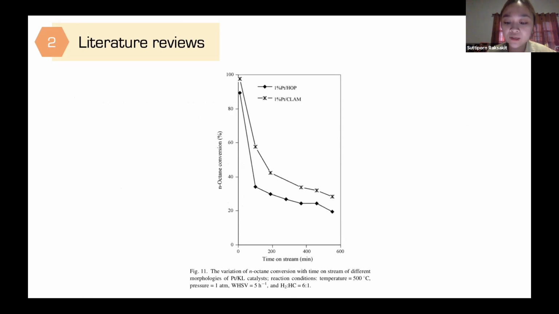This picture shows the conversion of n-octane. You will notice that the conversion value decreases significantly at the initial stage. This refers to the activity of the catalyst decreasing. This is caused by deactivation, which can be ascribed to pore blocking by coke. These two catalysts have higher platinum dispersion.